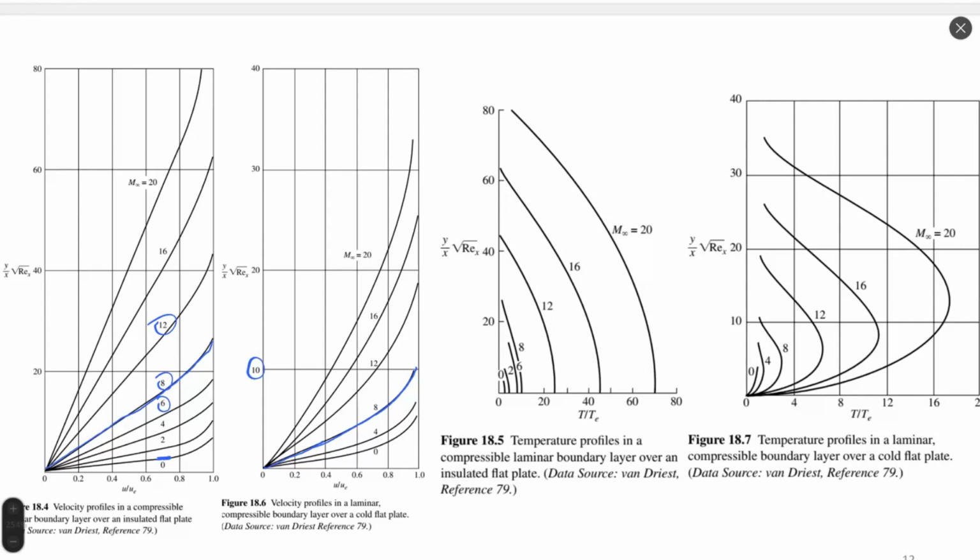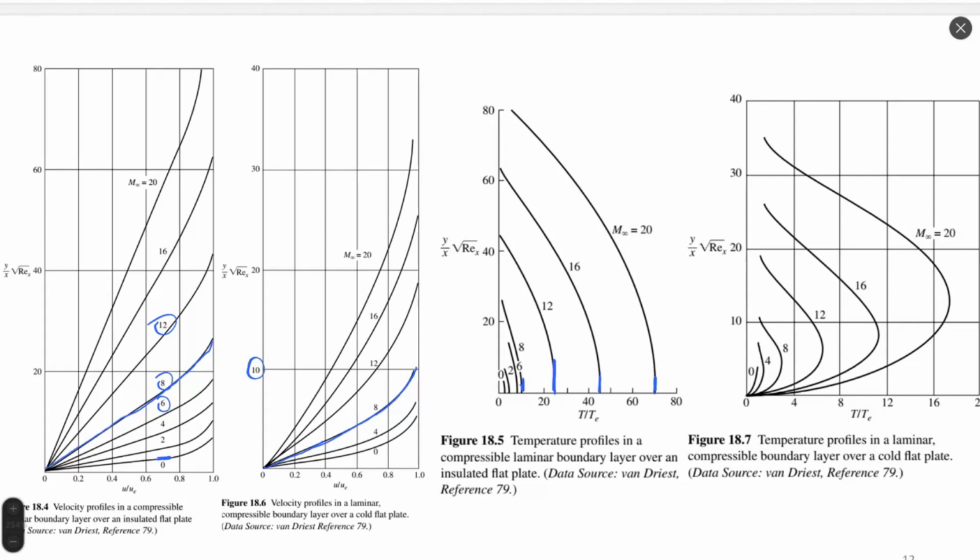On the right side of the screen, we can see temperature profiles. Figure 5 is for the insulated plate, where temperature on the plate will not impact flow conditions. We see that in such a case, the temperature profile is normal or perpendicular to the wall direction. So we see that it's a 0 temperature gradient. And figure 7 is a cold plate.